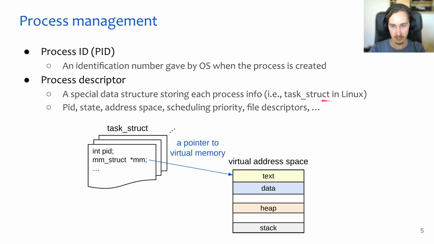In the case of Linux, this is the struct called task struct, which is quite big. It contains lots of things: the PID, of course, the register state of the CPU while the process is not scheduled, address space information for the virtual address space, but also scheduling priorities, information on all the open file descriptors, and so on.